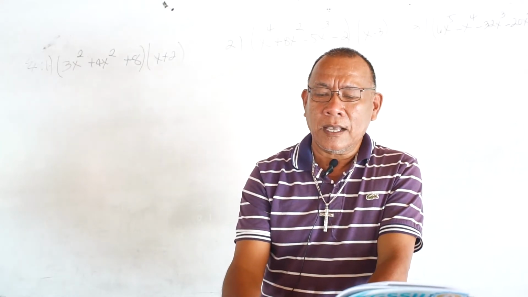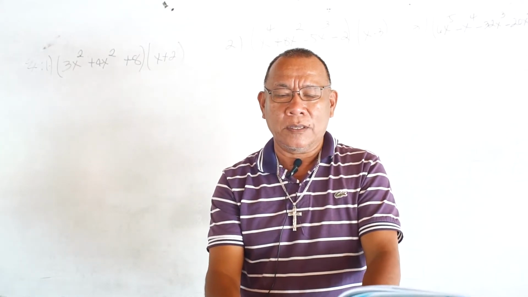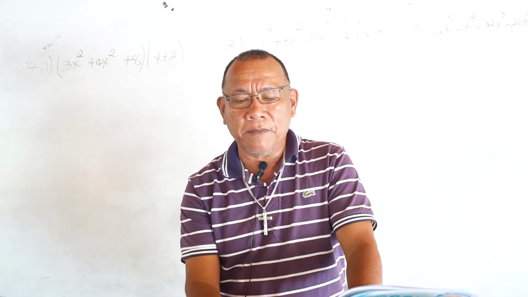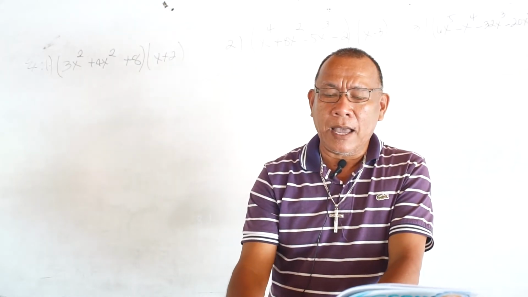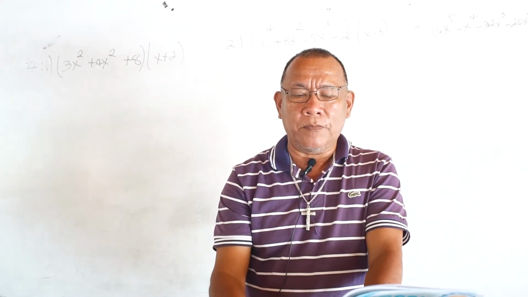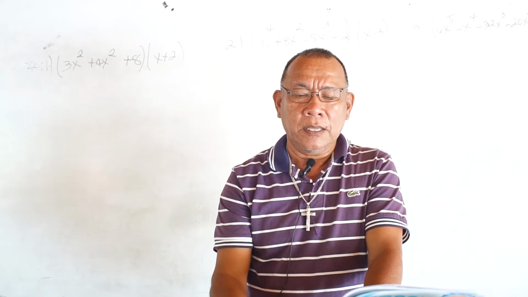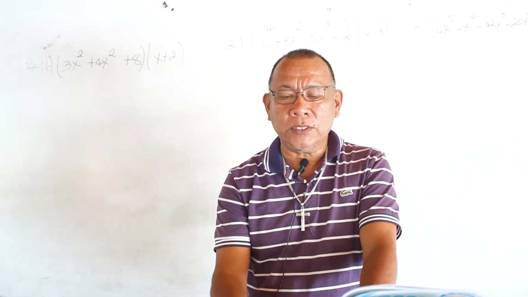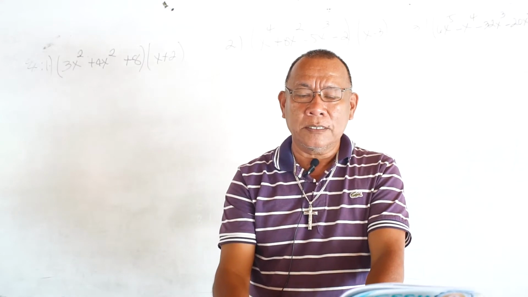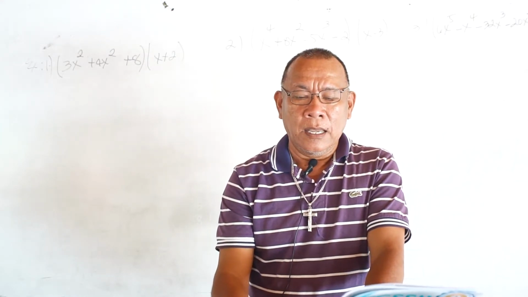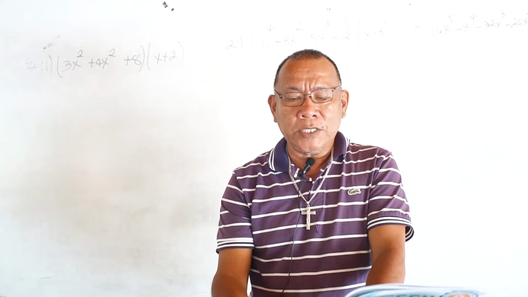There is a short procedure when a polynomial is to be divided by a binomial of the form x minus r. This method is called synthetic division. So, the procedure.